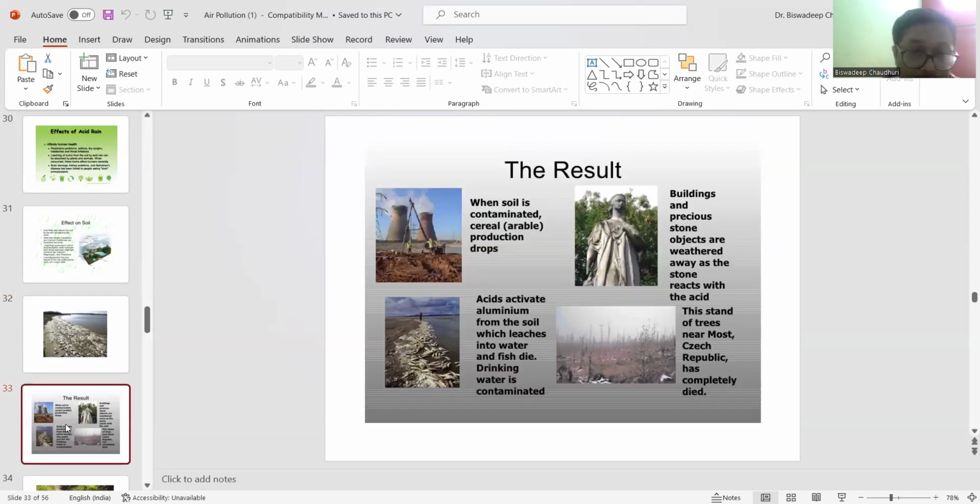Result: when soil is contaminated, certain arable production stops. Suppose we not only use soil for planting trees, we use soil to make bricks, to make walls sometimes in villages, to make dams on rivers sometimes, to make some sculptures.